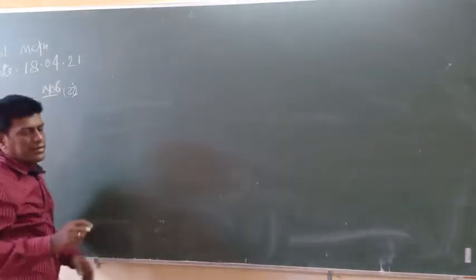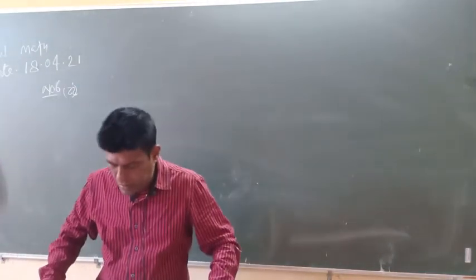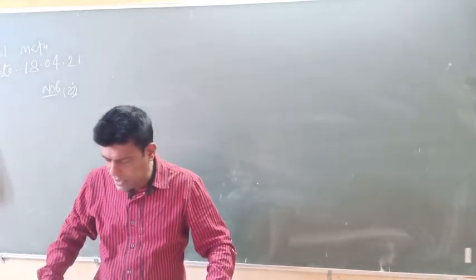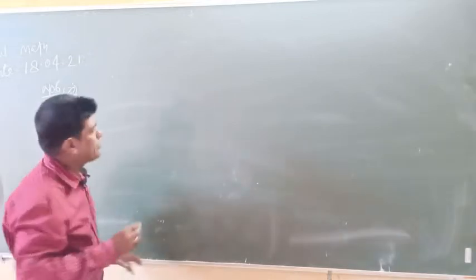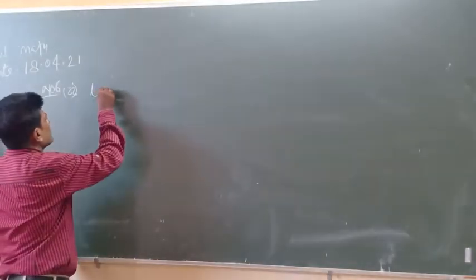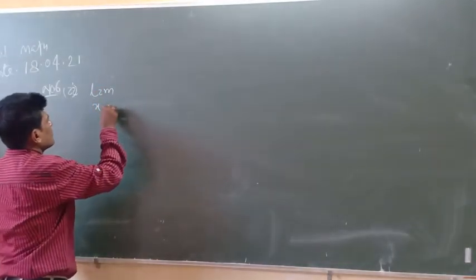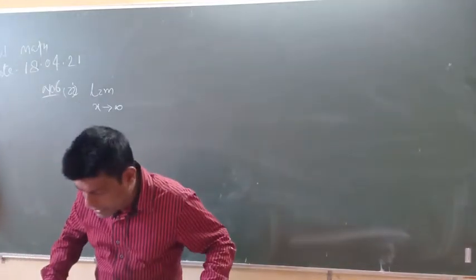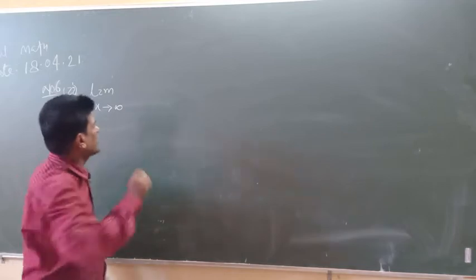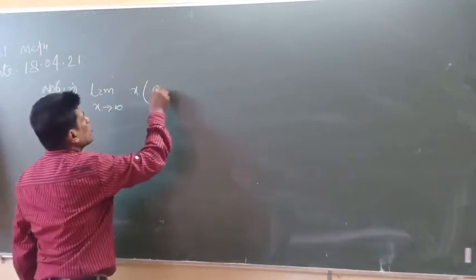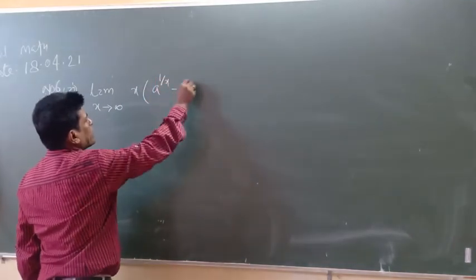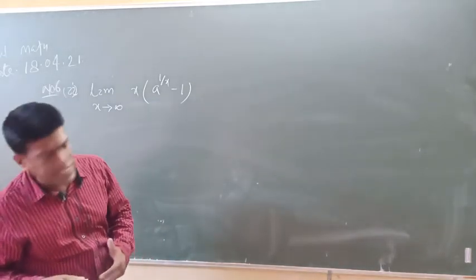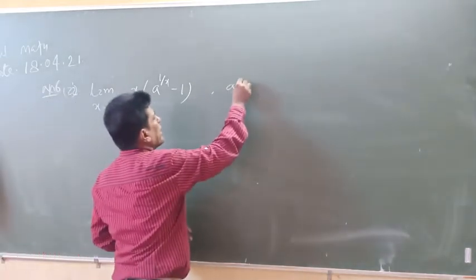Number 2i is given as number 6 2i, that is limit x tends to infinity of x into a to the power 1 by x minus 1, and given that the value of a is greater than 0. The condition is given: a greater than 0.